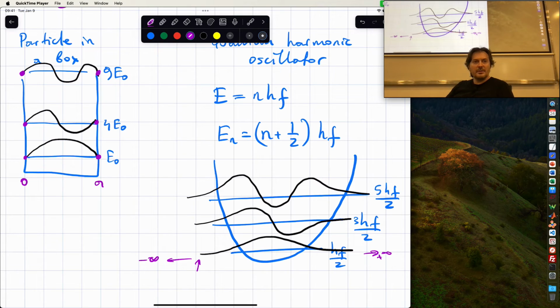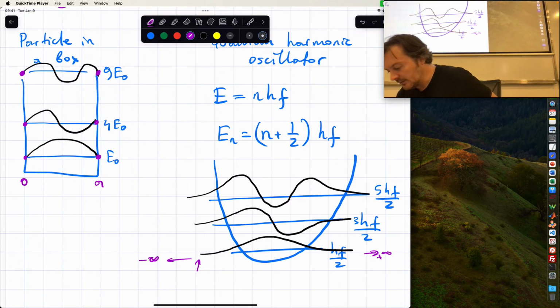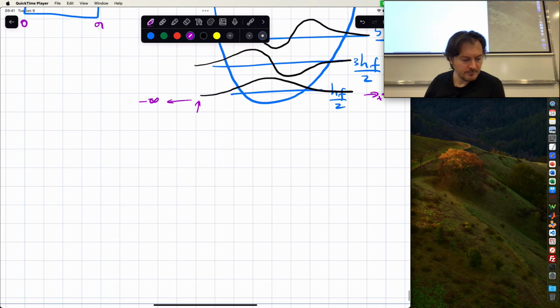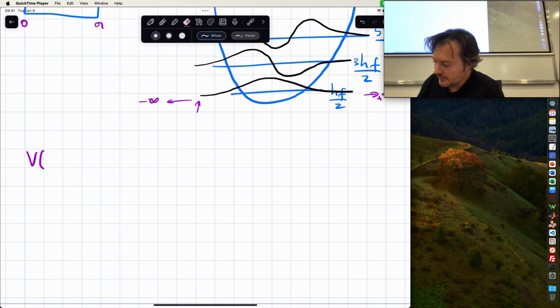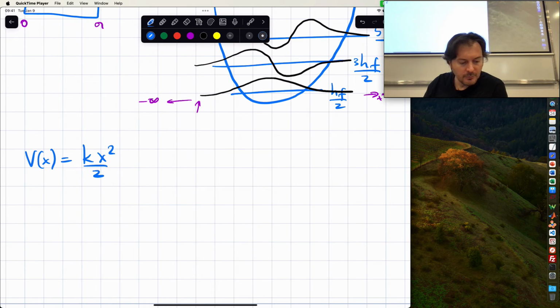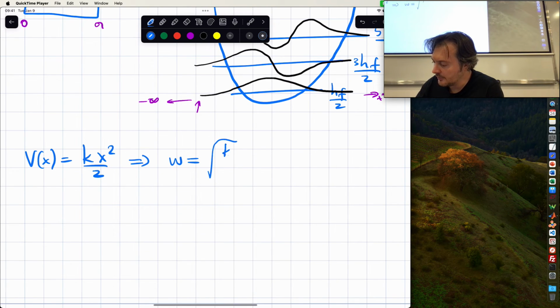It's the harmonic oscillator. Do you remember the potential energy of the harmonic oscillator? kx squared over 2. That's the only change here. So our potential is kx squared over 2, and we have omega, the angular frequency, which is square root of k over m.